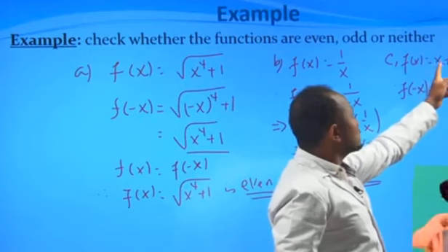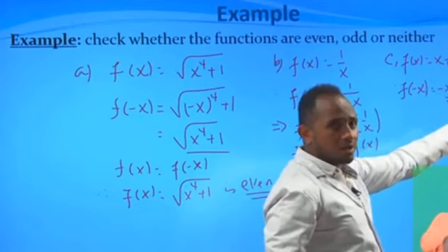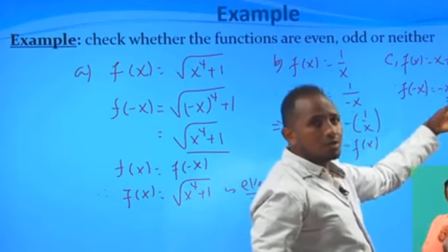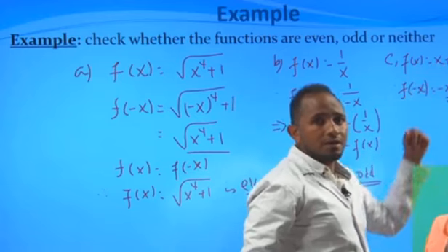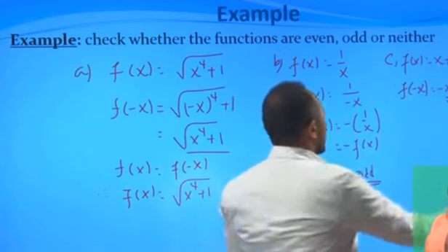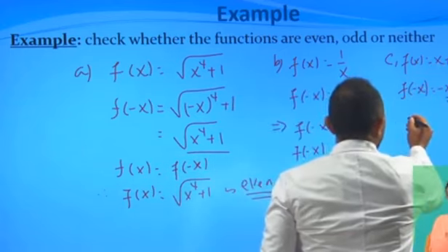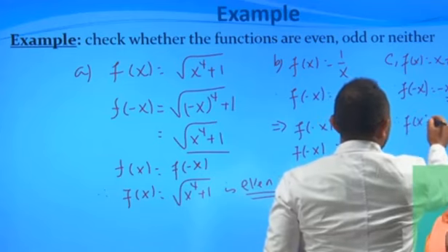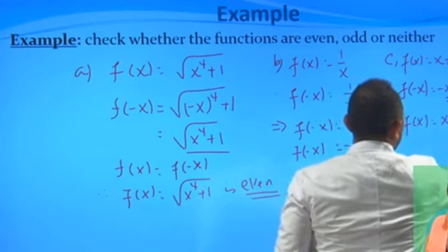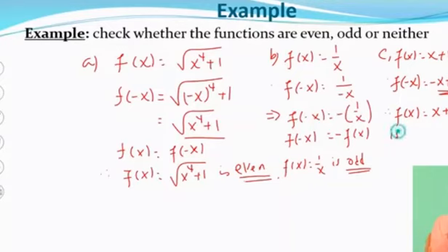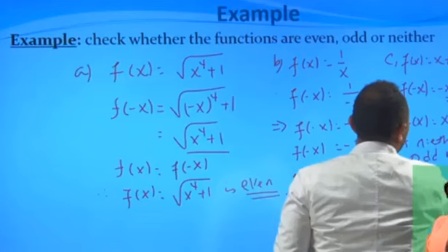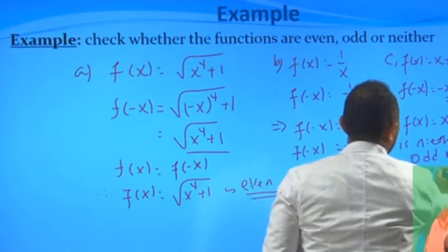The opposite of x plus 1 is negative of x minus 1. They are not opposite, they are not equal. So, this is neither even nor odd. Therefore here, f of x equal to x plus 1 is neither odd nor even.